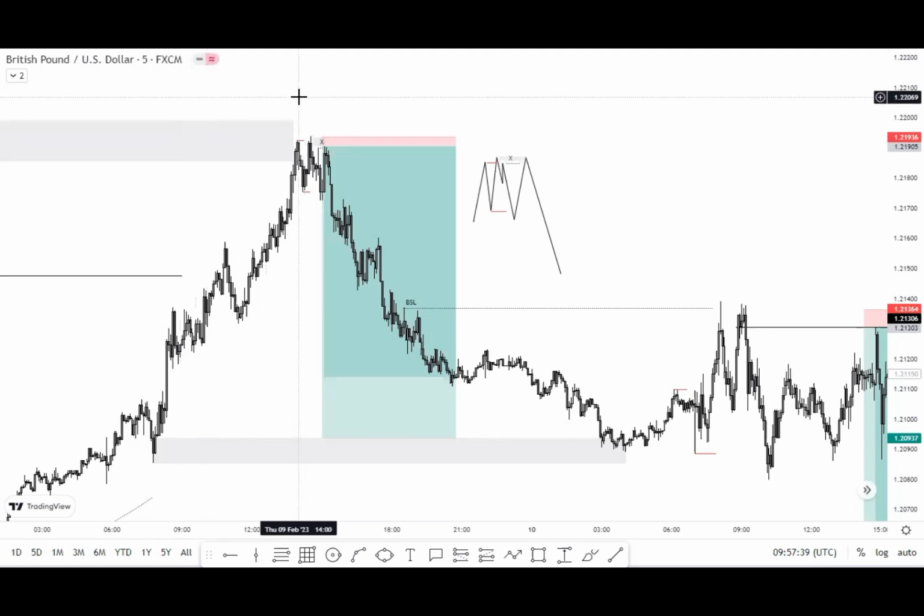you go to your 5 minute time frame, which is a higher time frame for the 1 minute time frame, and you have this low on the 5 minute time frame.